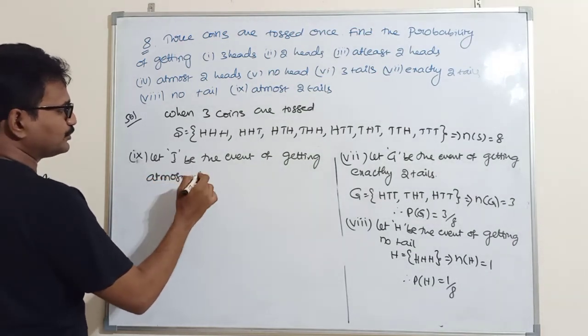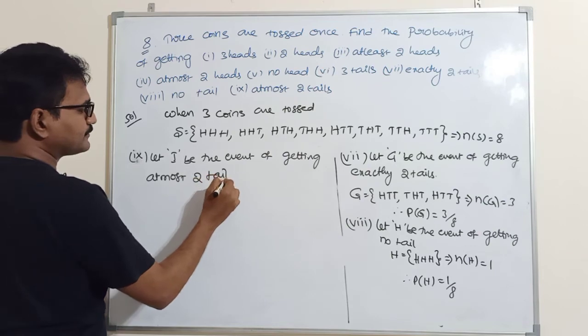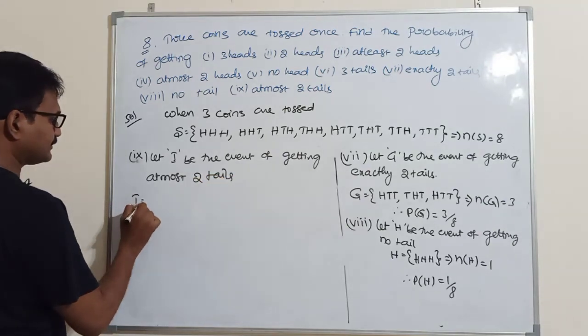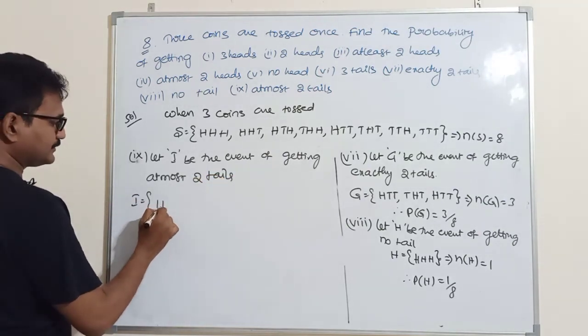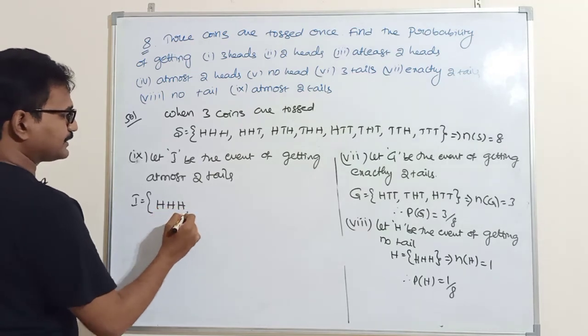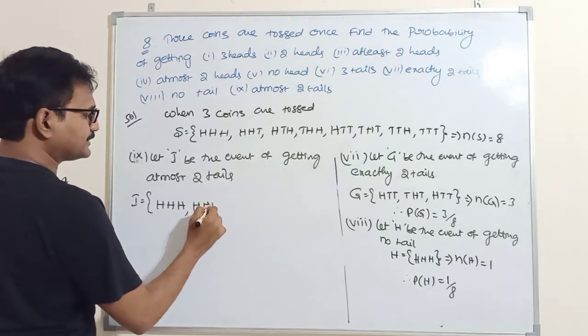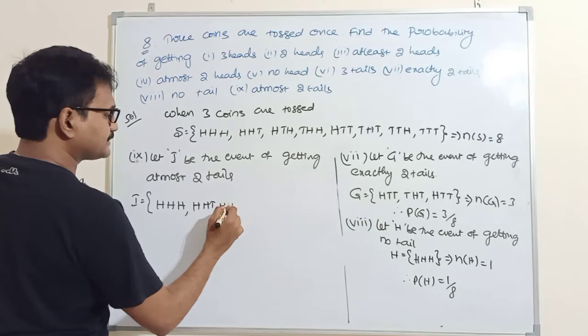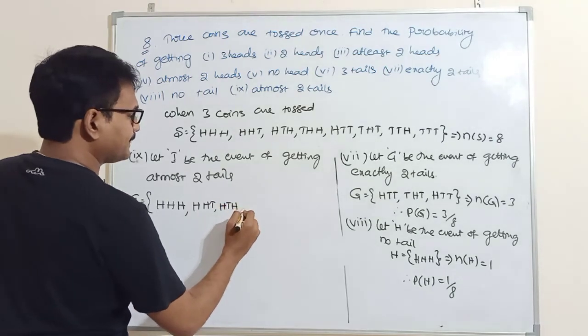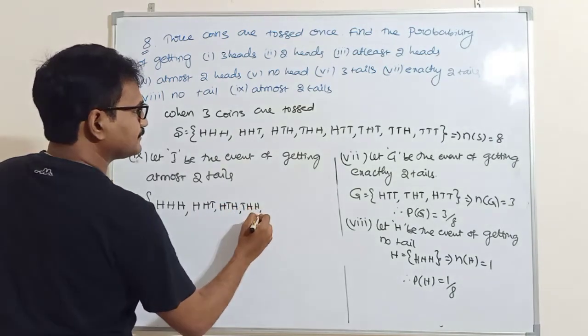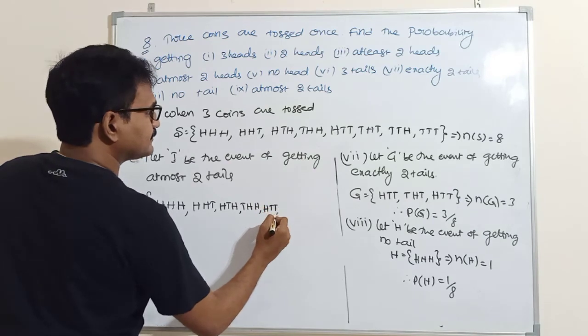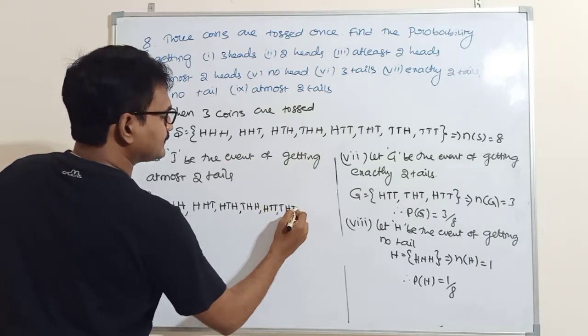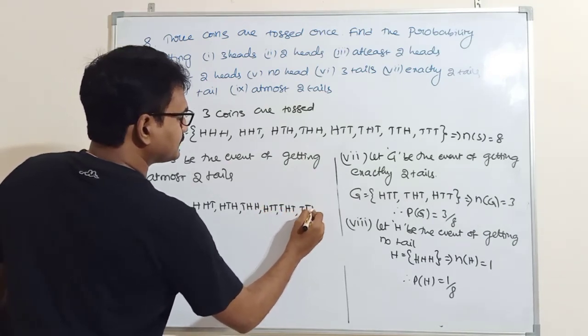So I is equal to HHH, HHT, HTH, THH, HTT, THT, TTH.